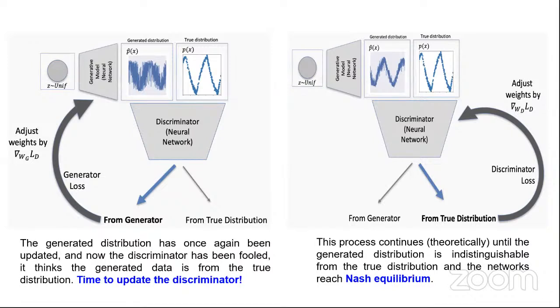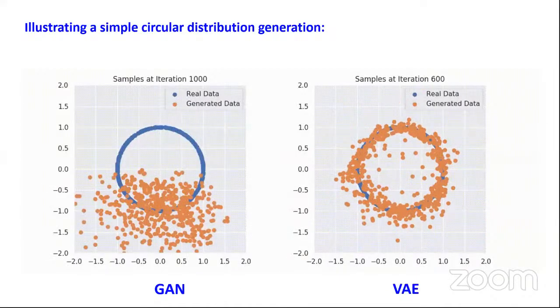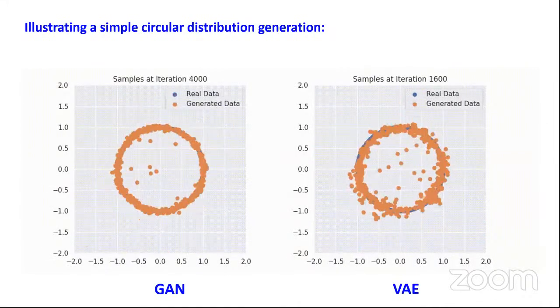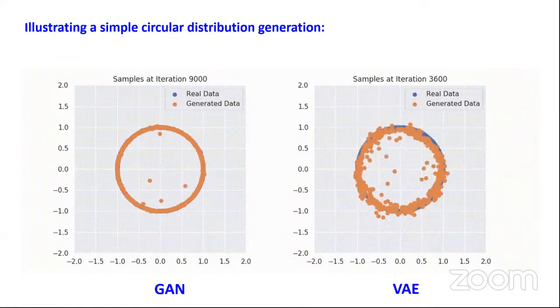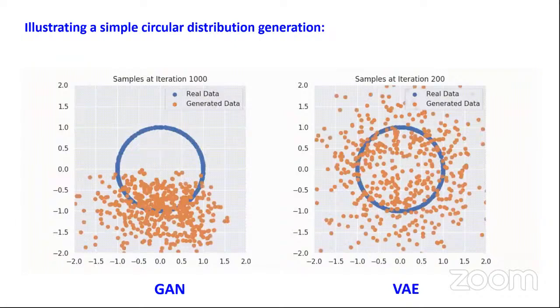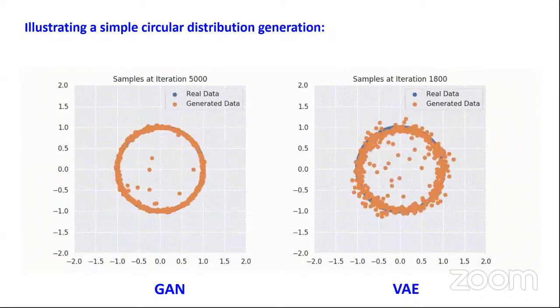So until it reaches the condition of Nash equilibrium, I will try to relate it a little bit here. This is a simple illustration which shows a two-dimensional distribution. The target distribution is circular. You can see the blue dots on the circle, and the generated data is these orange dots.